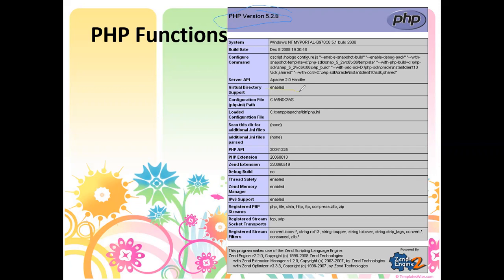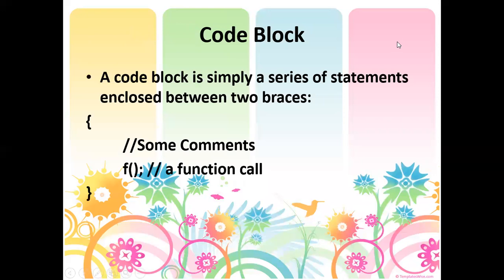And this is the configuration file. This is also the loaded configuration file. So it's using this folder, WAMP, then Apache, and so on and so forth. So you'll get to try that in our lab class after you have installed your WAMP.